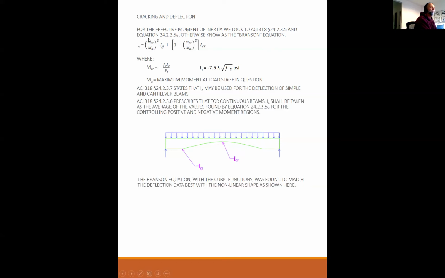Again, in concrete design, you're always talking about models that do the best job of approximating what you're going to get. This equation by no means actually calculates the physical properties of what's happening. It's just a model that seems to work pretty good. And so that's what the code has carried for the last 50 years.